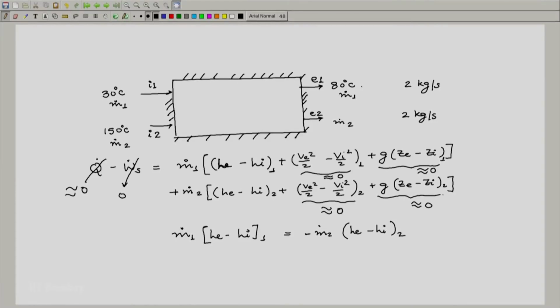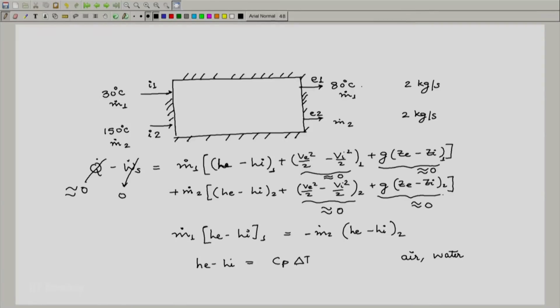Now, you notice that up till now we have not talked about whether the streams are made up of air or steam or some other gas or water. If it is made up of air, He minus Hi could be written as Cp delta T. This would be applicable for air or water or any other liquid.